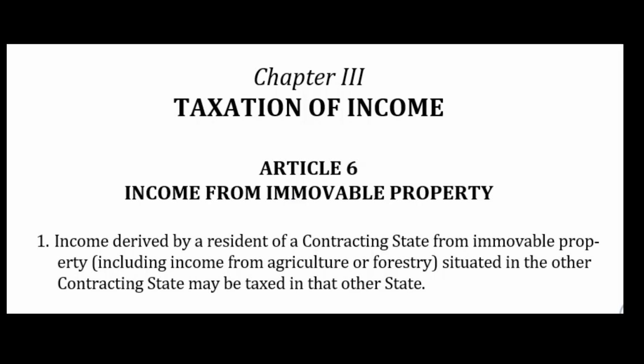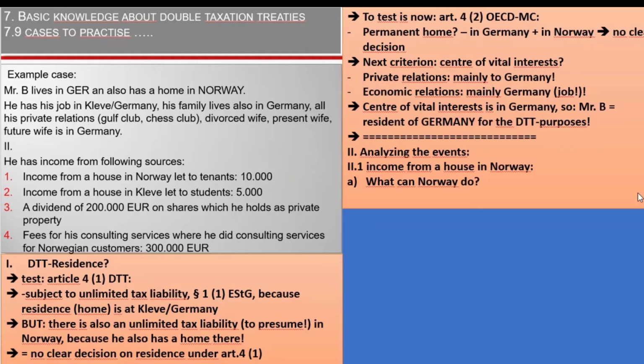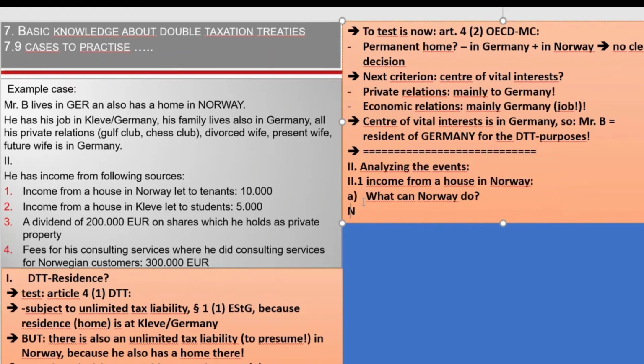Now, the next question will naturally be, how will Germany have to react? And we are first going to write down our result from this little check here and then look into Article 23. So let's write it down. Norway may levy a tax, Article 6.1 DTT.